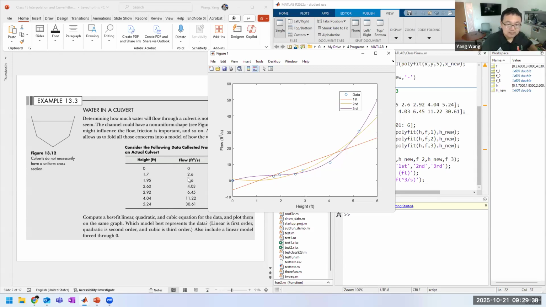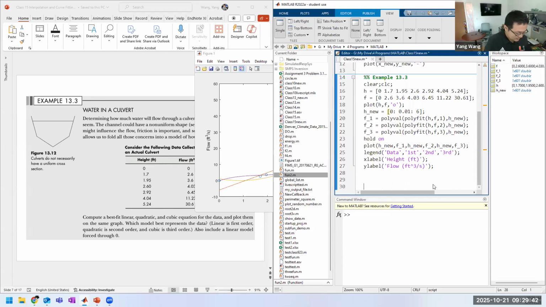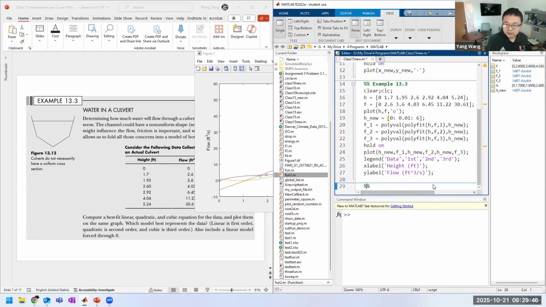Let's put it this way. Okay, it's easier if I type it out. So let's see another solution, forced through zero. We have to consider this problem in the way that A multiplied by X equals B, right?